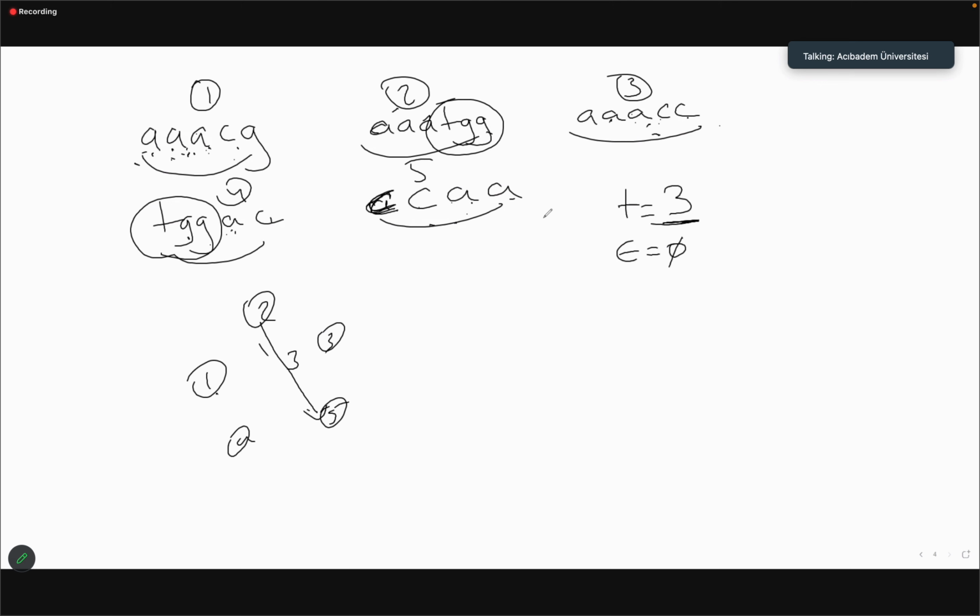I want minimum 3 letter overlap. 5 and 2, no. 5 and 3, no. 5 and 4, no. So only 2 and 4 are coming together. That forms a single contig. And these 3 alone by themselves, so you end up with a 4 contig solution.